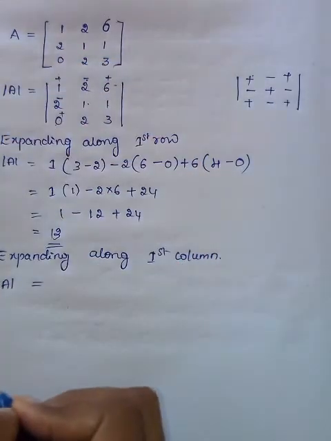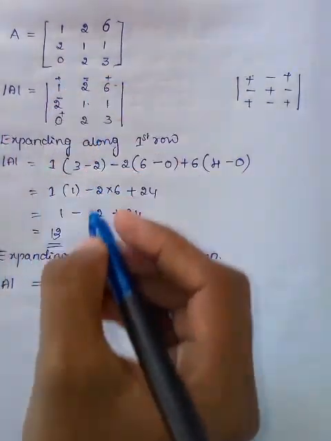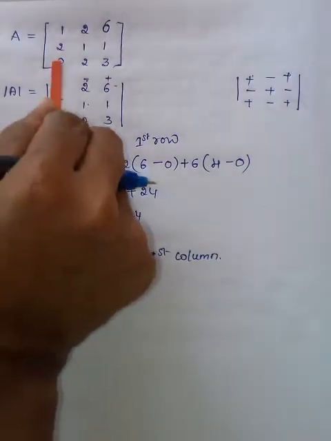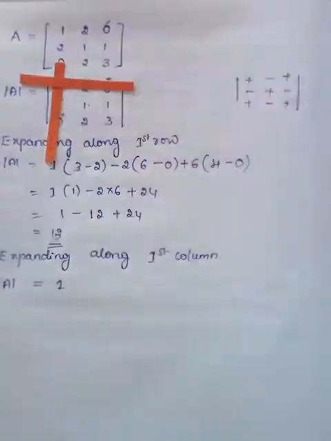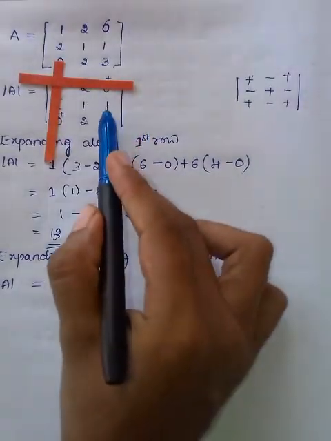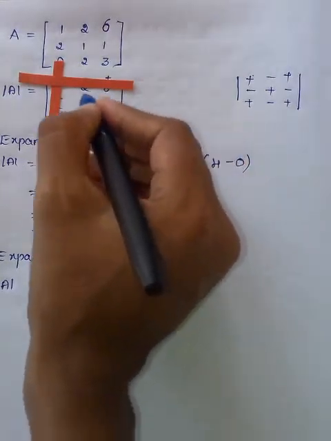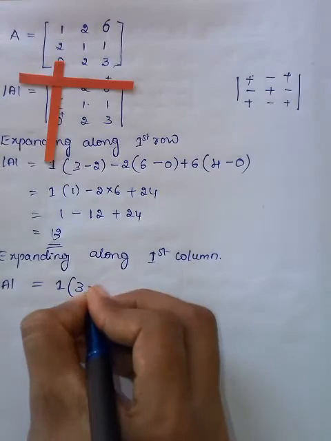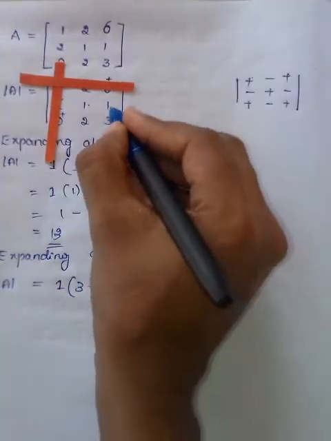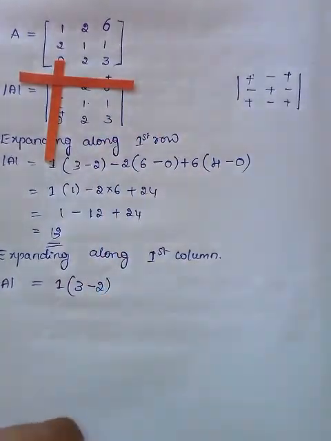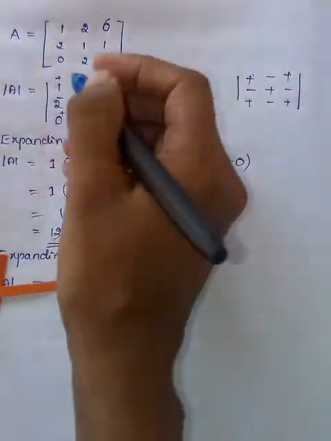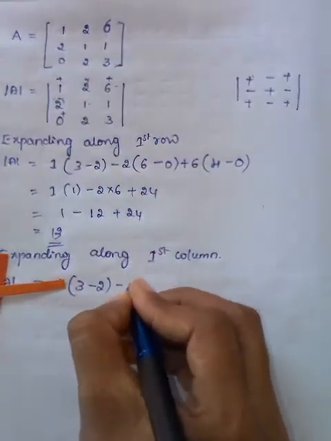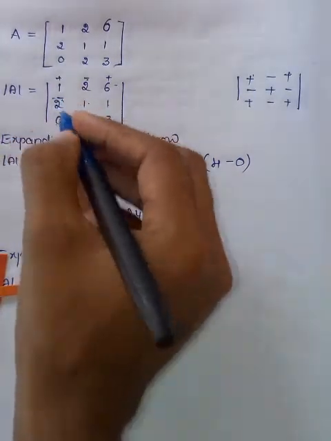Expand along the first column, so the first number is plus 1. Then this is a second order determinant. Take the determinant of this, that is 3 into 1 3 minus 2 into 1 2. Then the second element, the sign is minus, so write minus 2.